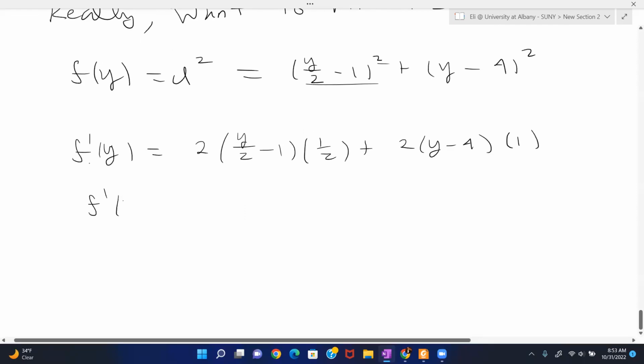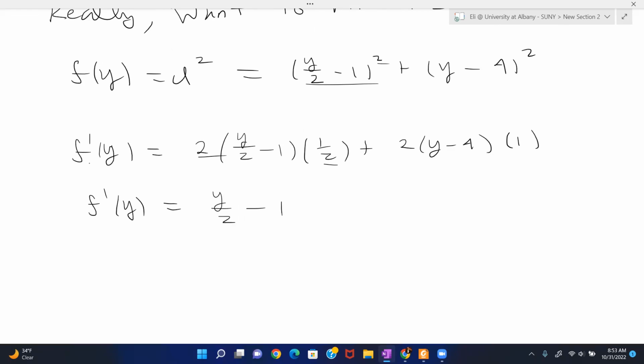And then we can simplify. So this 2 cancels with this 1/2, so I just get y cubed over 2 minus y plus 2y minus 8. And then what do we get? So we get 4 over 2, so it's 5.